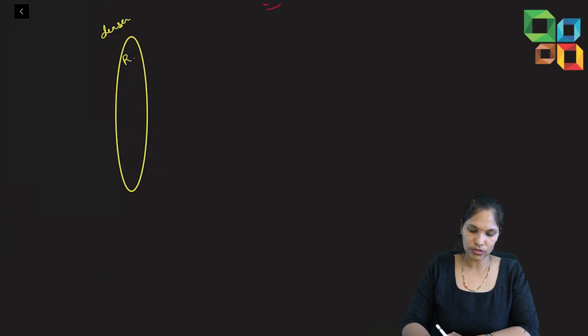The same light which comes like this, there's a normal over here. Now the ray is going from denser to rarer, it should bend away from the normal. So it should bend, the normal is like this, supposed to go like this, so bend away from the normal means it will go like this. Again, it's going from rarer to denser, it should bend towards the normal. So here, where is the normal? Normal is here like this.